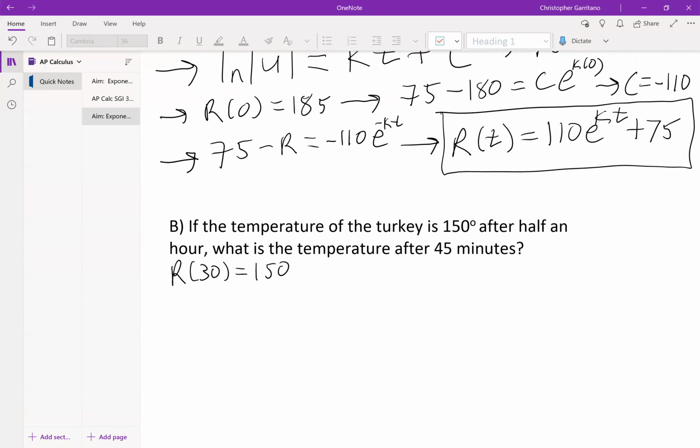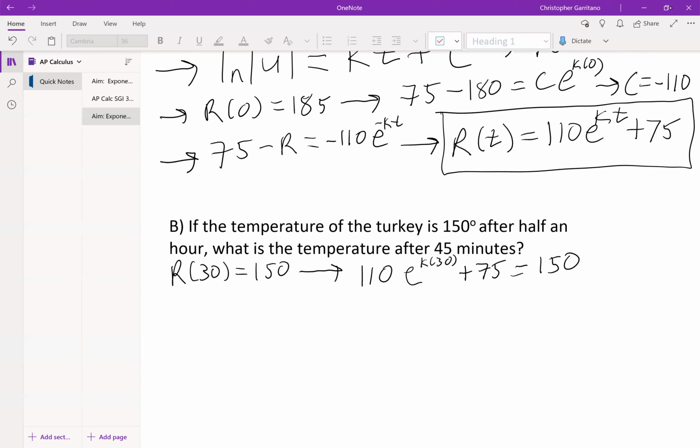Now we could actually use that to say that 110 times e to the k times 30 plus 75. So this is my turkey temperature function at 30 minutes. And we're told that that's equal to 150.